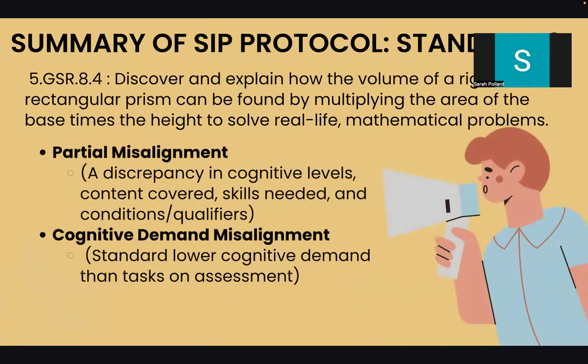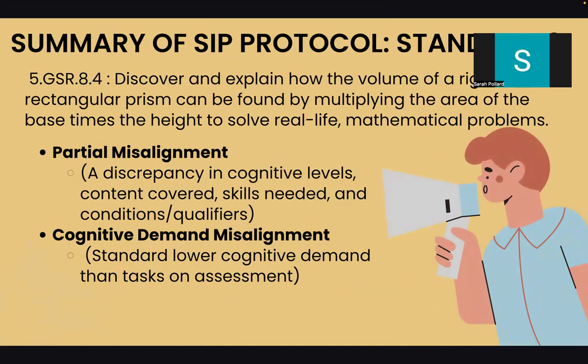Standard 2 was discover and explain how the volume of right rectangular prisms can be found by multiplying the area of the base times the height to solve real-life mathematical problems. The SIP protocol for this Standard 2 revealed a partial misalignment of the standard's cognitive levels required, and a partial misalignment to the content covered, skills needed, and the condition qualifiers.